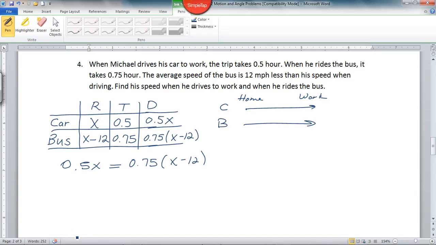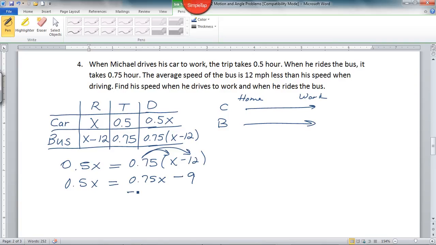All right. Well, to solve it out, we're going to keep the left side the same, but we're going to have to distribute this 0.75. So we have 0.75x minus 0.75 times 12. It's 9.